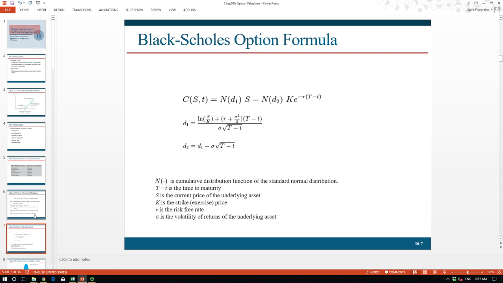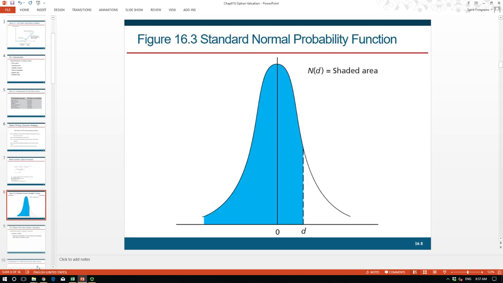And N(d1) is a cumulative probability distribution. This picture shows you the basic idea of N(d1). It shows the certain area covered up to this d in the framework of the standard normal distribution.